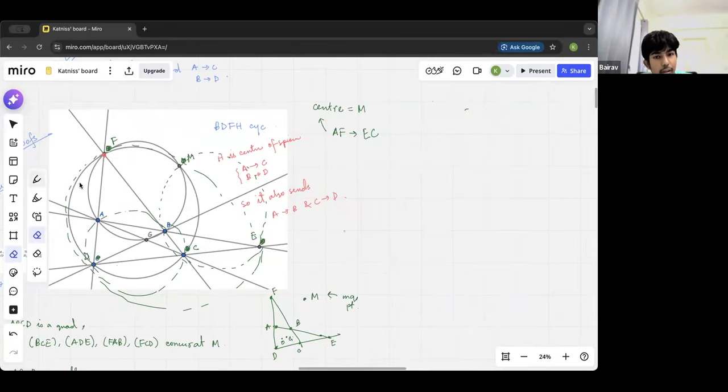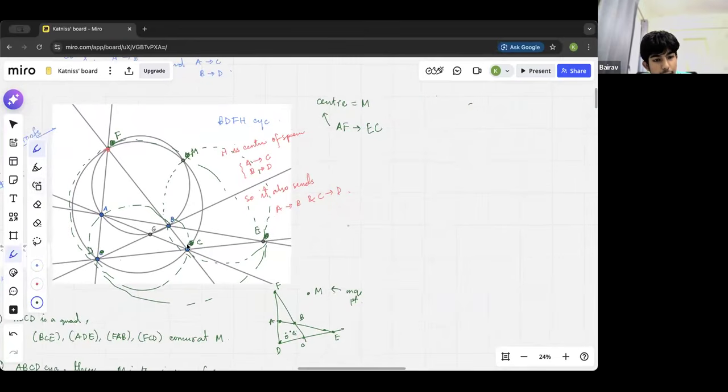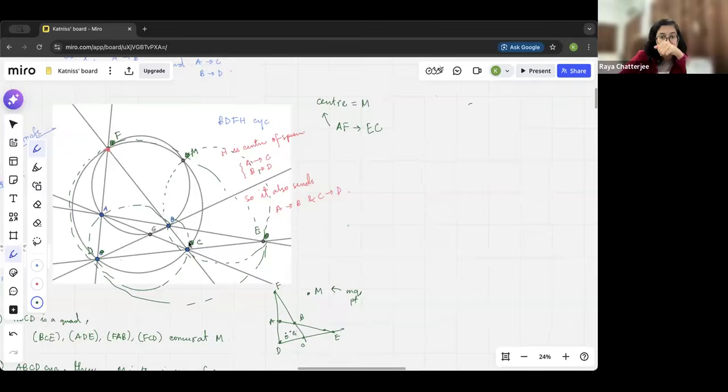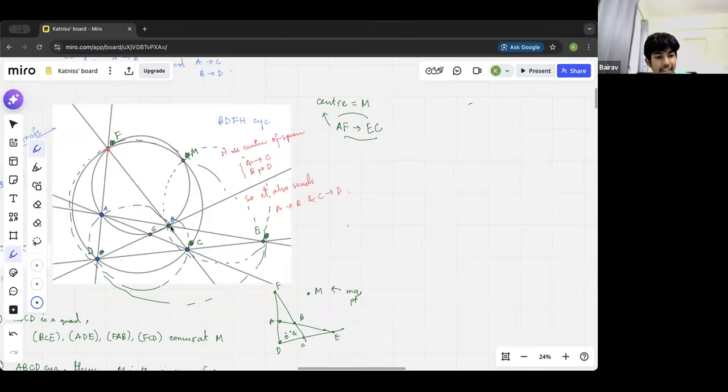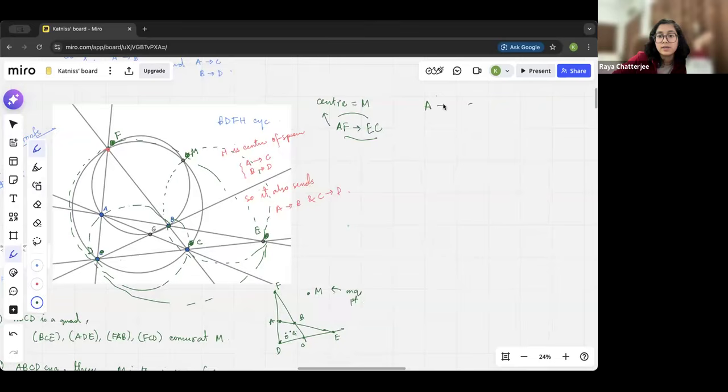I don't think AF should go to EC. It should, because you are taking the AE intersection CF, which is B. Right, yes. Sorry. So A goes to E, F goes to C, and that means segment AE is also going to go to FC. So these are two pairs. Does this make sense to everybody? And also, Shaurya, we are not doing a problem, it is the Miquel config, like you said.